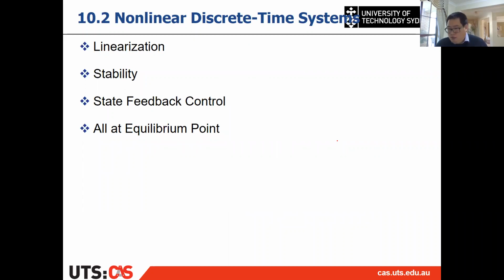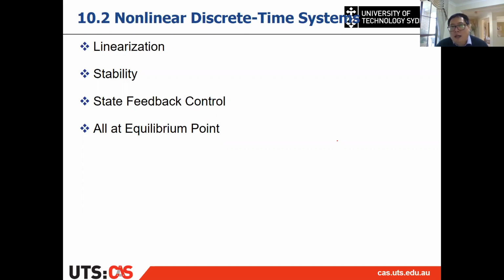After that, we introduce the linearization. If you have a nonlinear discrete time system, we can linearize it at the equilibrium point to make it a linear discrete time system. But this linearization is an approximation as well, right?